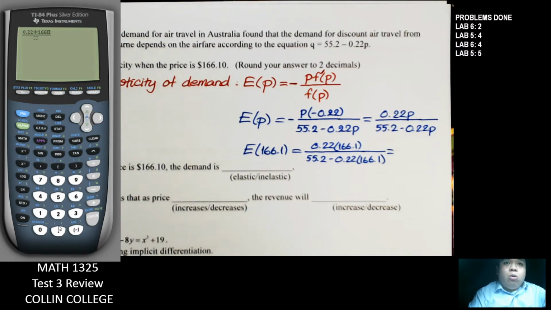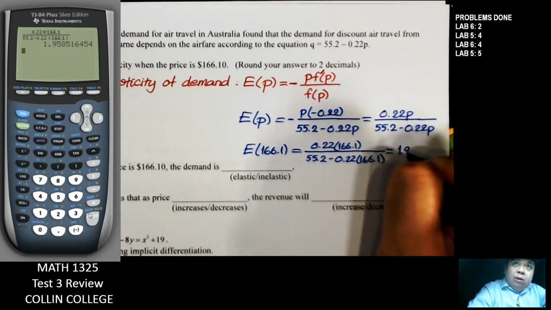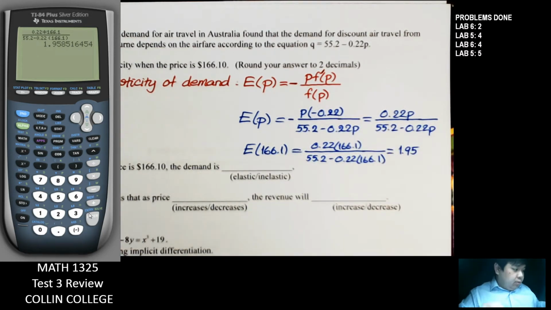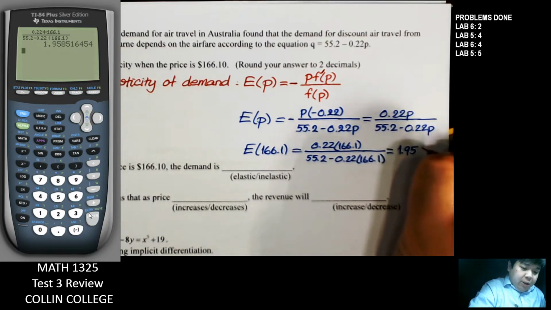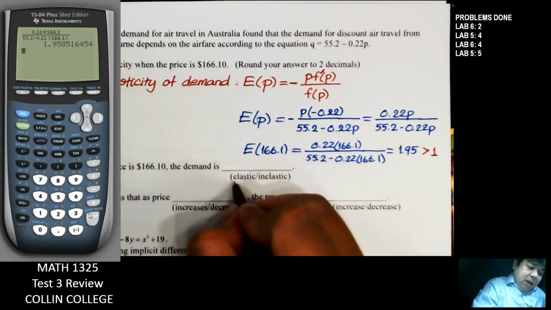Alpha y equals, the bottom menu pops up, and we have 0.22 times 166.1 divided by 55.2 minus 0.22 times 166.1, and we have 1.95.